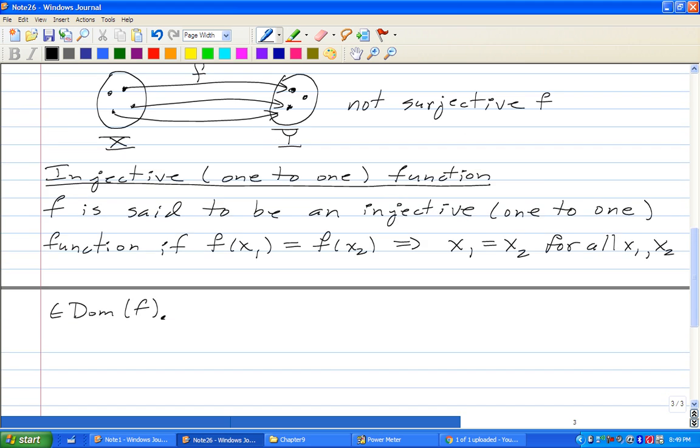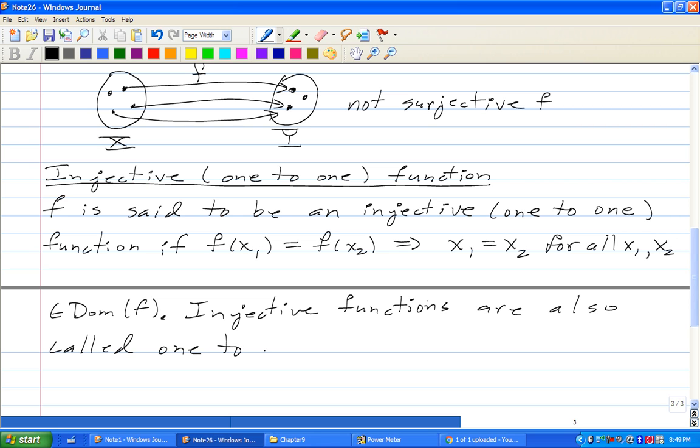So as I said above, injective functions are also called one-to-one functions. So your instructor might say one-to-one, or they may say injective, and it just depends on what we say at the particular time. They both mean the same thing.